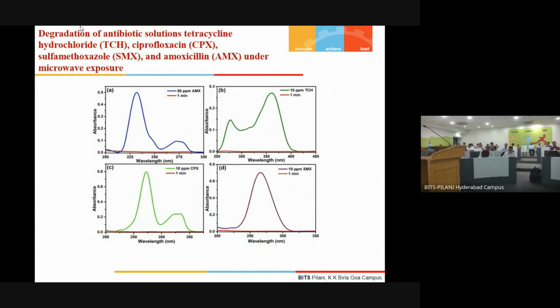We have taken some standard antibiotics, because antibiotics are also considered a pollutant, since antibiotic resistance is a problem nowadays. When we mixed the catalyst with this antibiotic and exposed it to microwave, we see that within a minute the decomposition is happening.